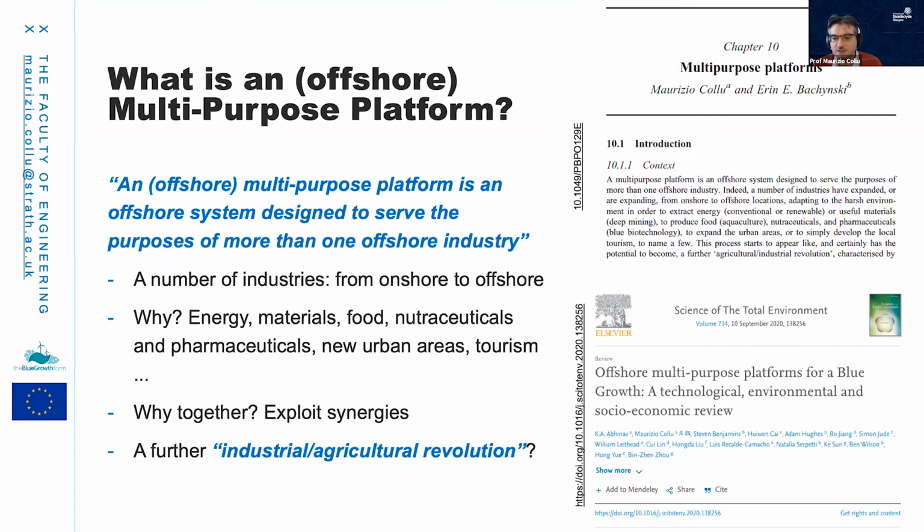On the right-hand side, you can find a book chapter and a paper that you can download by clicking on the hyperlinks. The first one is introducing you to a multipurpose platform, and the bottom one is a review. And as Frank said, for these challenges, it's very important to consider also the social aspect and the environmental aspect, not only the techno-economical one.